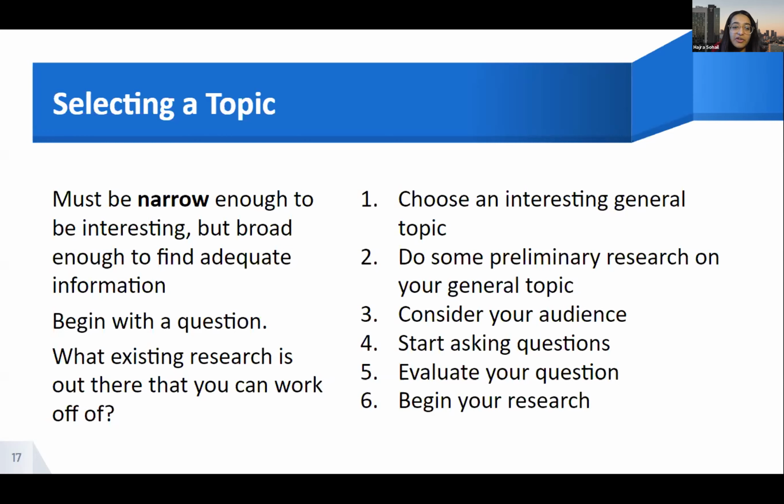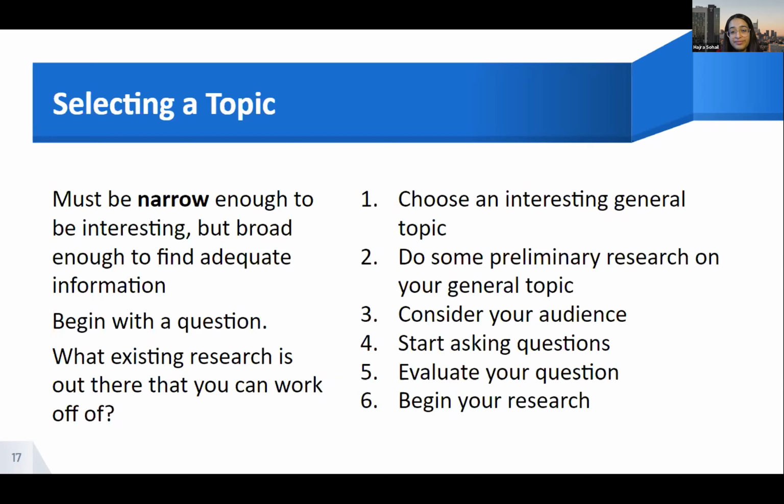This stage is arguably the most important as it sets precedent for the rest of your research. Your area of interest should be narrowed down so that you can focus on one topic and not have too much information coming at you from all different sides.